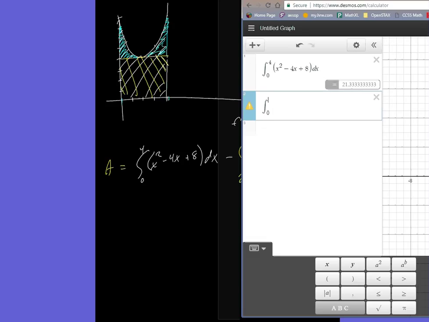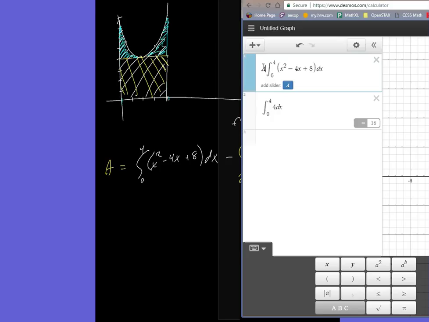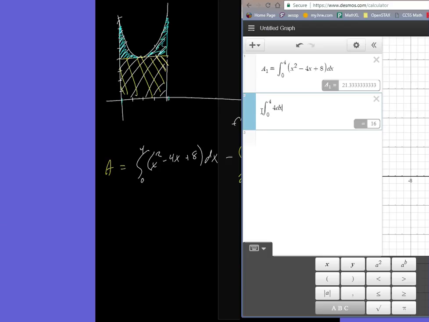Integral from 0 to 4 of 4. That gives us 16. So let's define that as A1, and this is going to be A2. There's our answer, right? Okay, so 5 1/3, 16/3, what we get if we did the math.